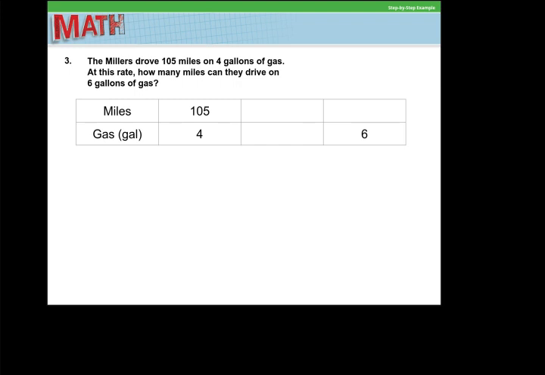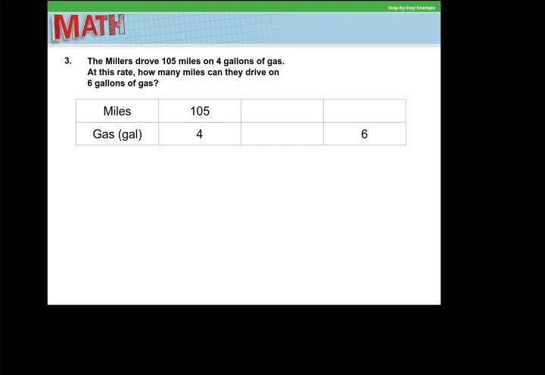What I'm going to do instead is first find out how far they go on 1 gallon of gas, and then multiply that by 6. The reason is that it is easier to find the unit rate and then multiply, rather than figuring out how to get from 4 to 6 with decimals, which is a mess. So I'd rather just divide 105 by 4 to get my unit rate.